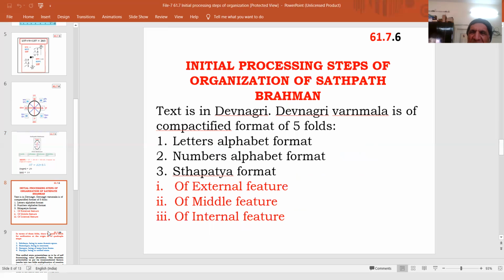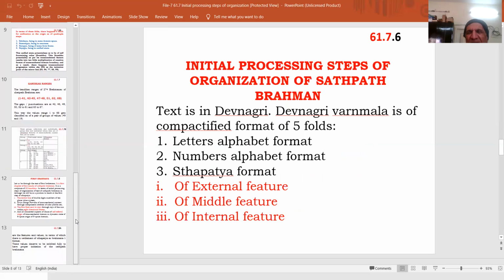Sadhakas, fulfilled with intensity of urge to have a complete chase, are to begin with the initial processing steps of organization of Sathpath Brahmana. Text is in Devnagri. Devnagri Varnamala is a compactified format of 5 folds: letters alphabet format, numbers alphabet format, and Sthapatya format, which itself is of 3 features of external, middle, and internal features.